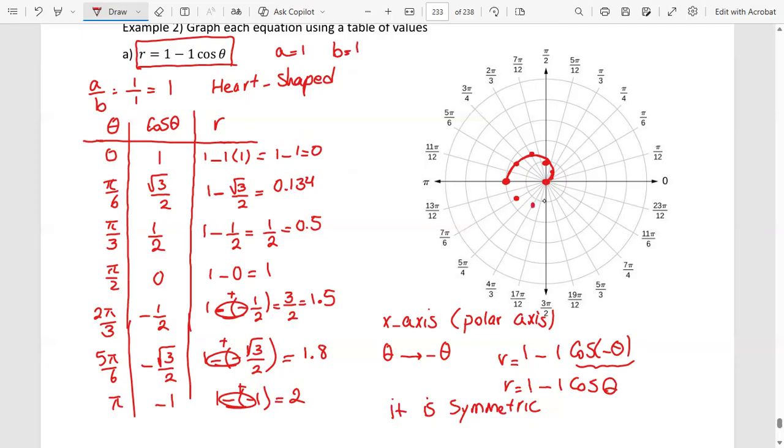For this one, I can have this point. And this one, and this one. And we can see that now we have a heart shape. Because of the cosine, I expected a heart shape along the x-axis, and you can see that.